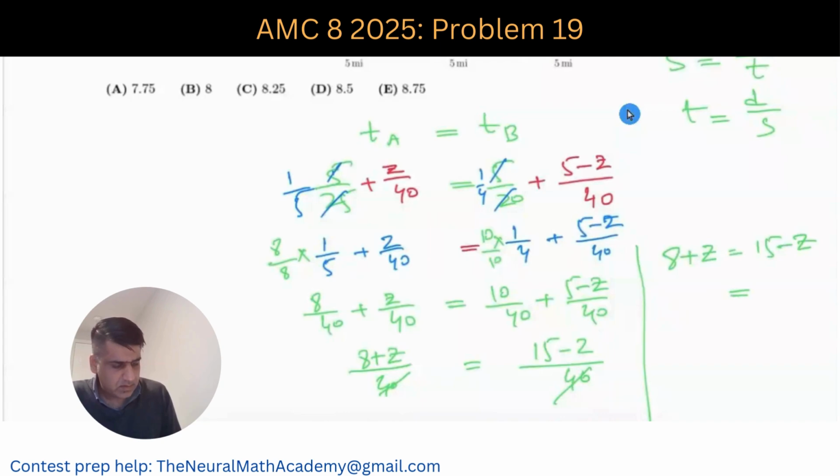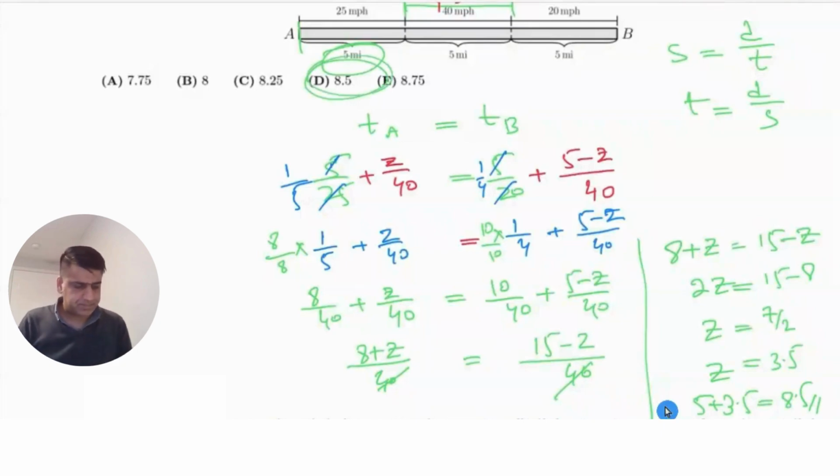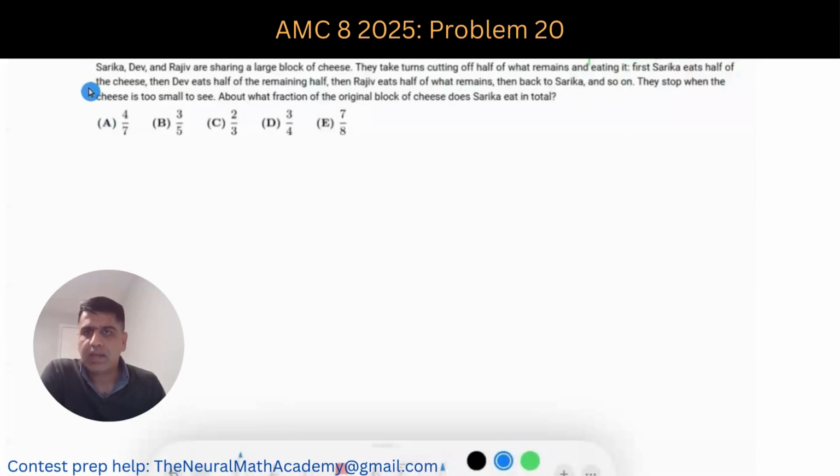And then if I rearrange, I get this, and then if I calculate, I will get 7 over 2, that is 3.5. So the distance from this end is 5 miles plus 3.5 miles, and 8.5 miles will be the answer. So that is D. Now let's look at the next problem.